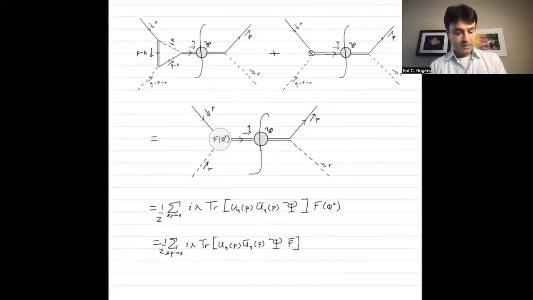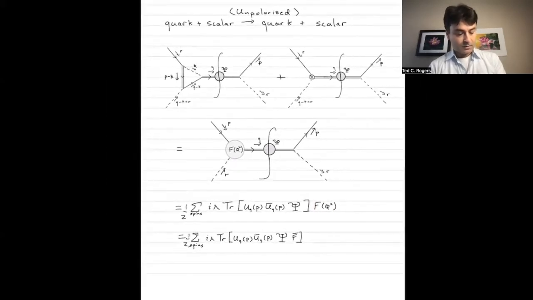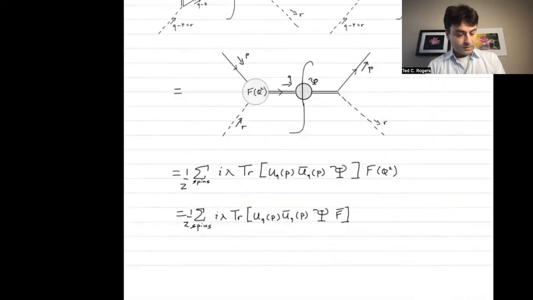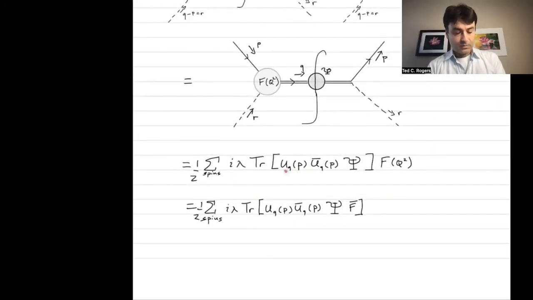I should just have an overall scalar form factor out front. Okay, I've got the i lambda from this side of the cut right here. And of course, I've got the polarization wave functions for the quarks here and here.